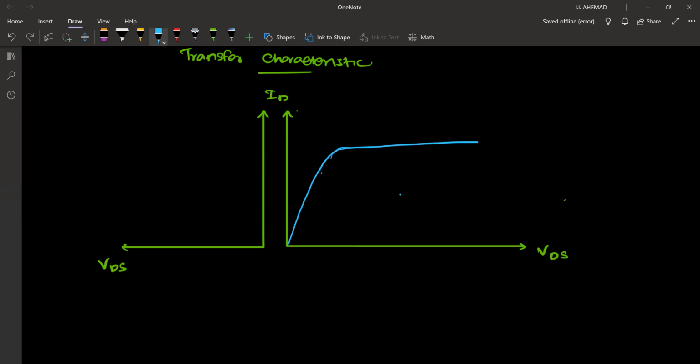Take half of this and the half of this. Now get this value over here.